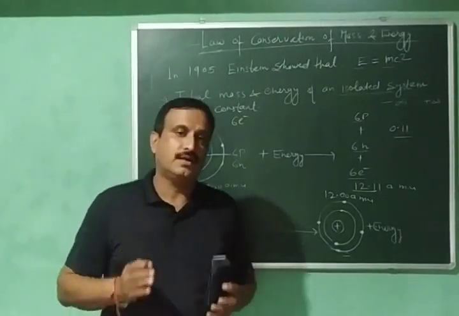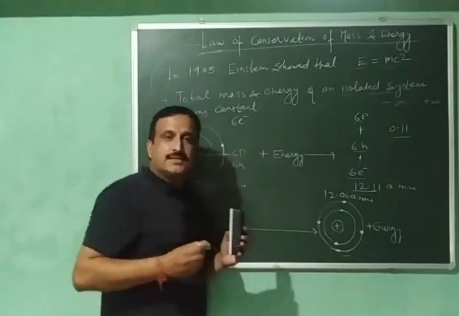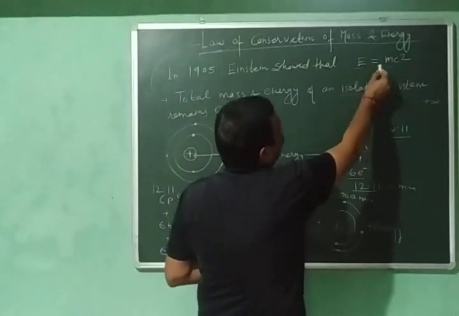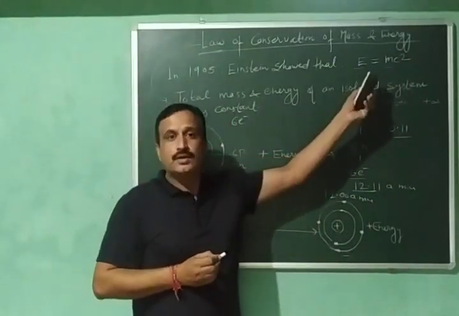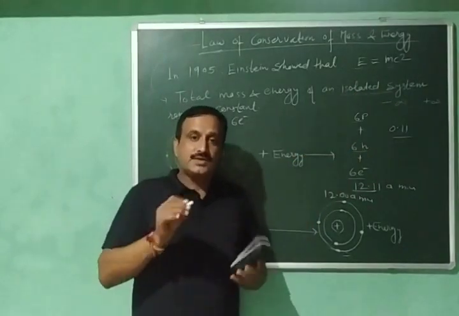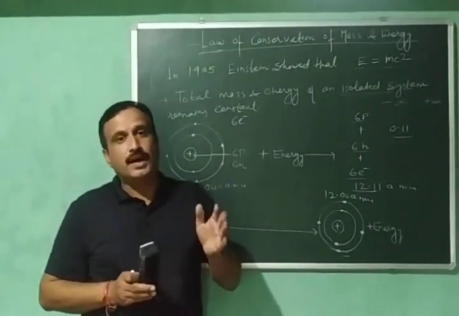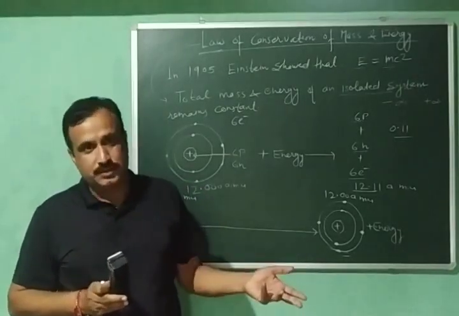But in 1905 Einstein showed that mass can be converted into energy, and he showed that E is equal to mc square. This equation can also be interpreted to mean that mass and energy are interconvertible. Means that mass can be converted into energy and energy can be converted into mass.